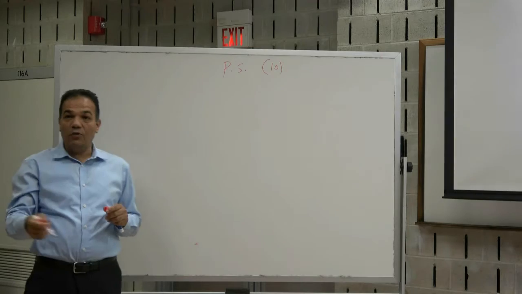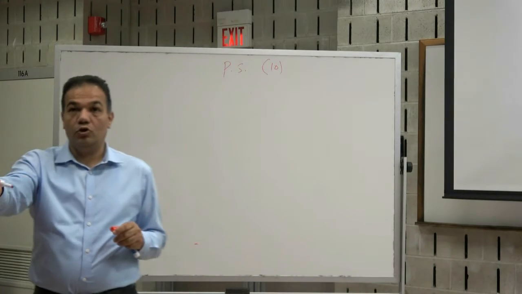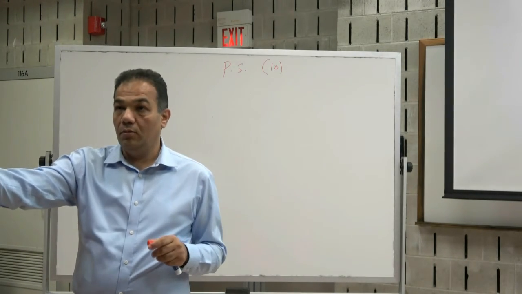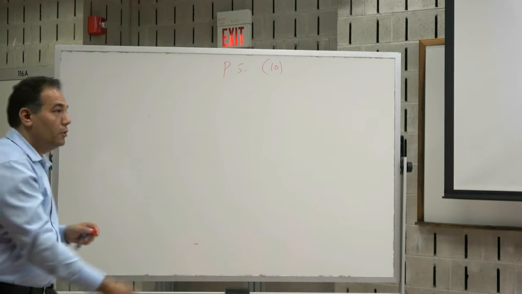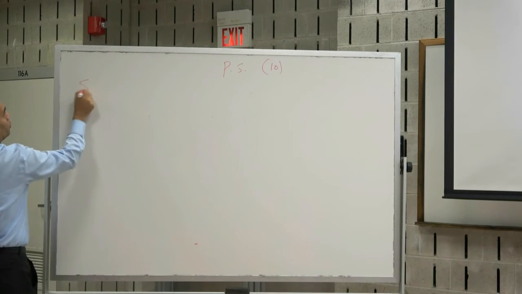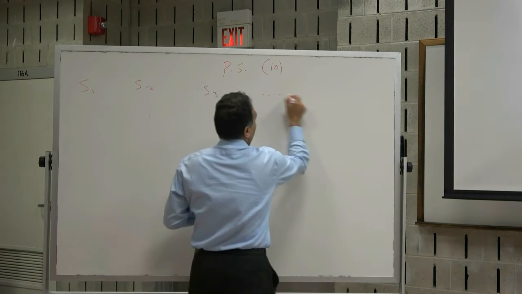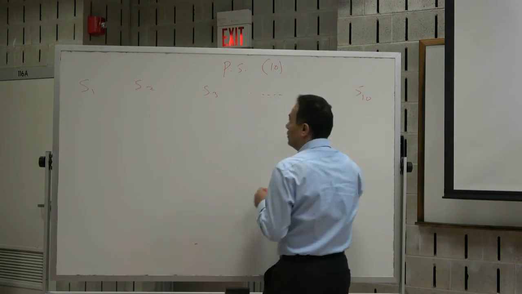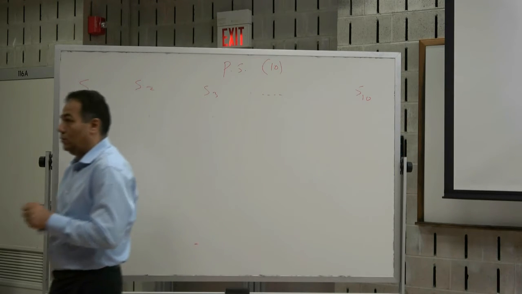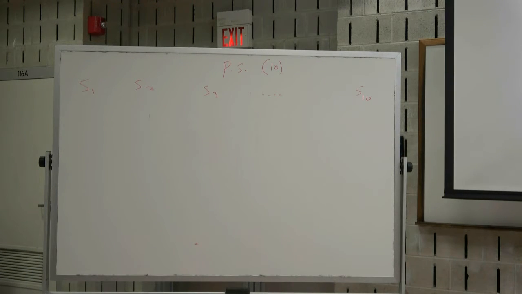And each paper at the end, what do they provide you with? A solution to that problem. You agree? So let's say that we have solution 1, solution 2, solution 3, up to solution 10.